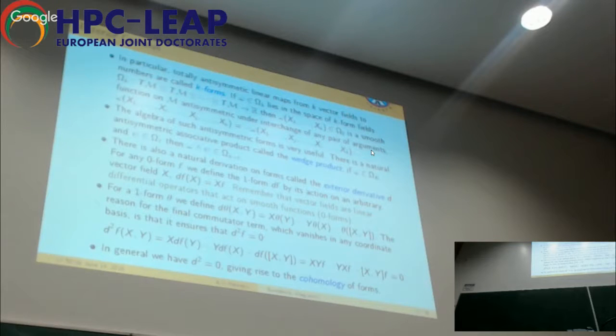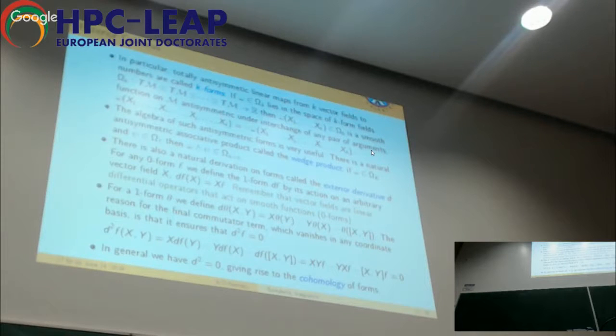So if I swap any two of the x's, I just change the sign. So basically, these are tensors with all the indices downstairs, the way you might think of it. So that means that they're functions of vectors and not of one forms. And in this case, they'll just be totally antisymmetric such tensors.